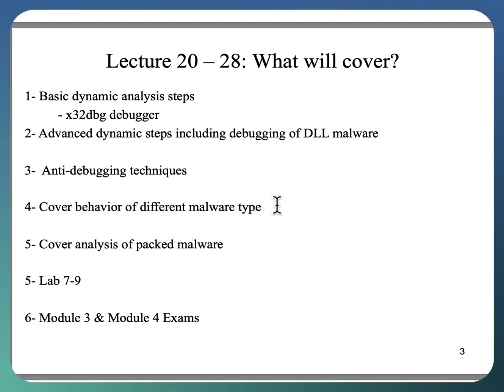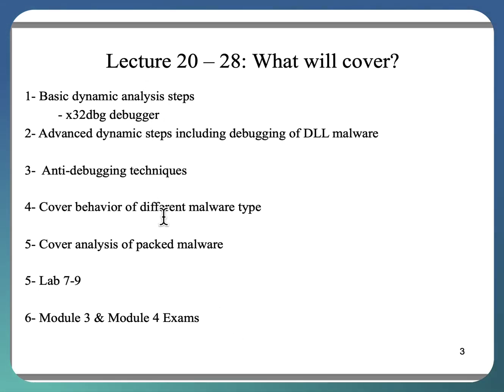We'll cover the behavior of different malware types and the analysis of packed malware. We'll see how we can solve labs 7 and 9. And obviously, there is no module 3 exam, only a module 4 exam. So we are going to address that, obviously, again, not in this class.